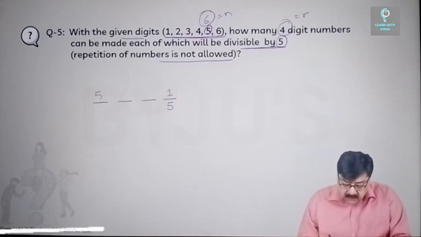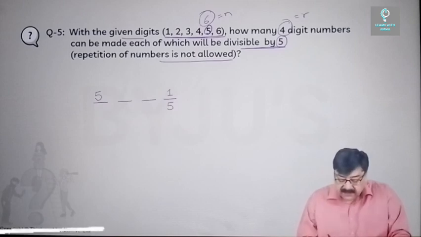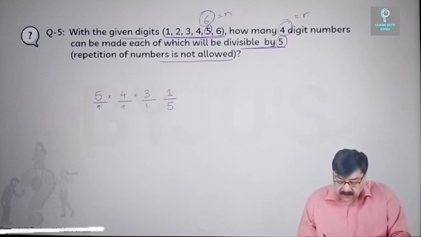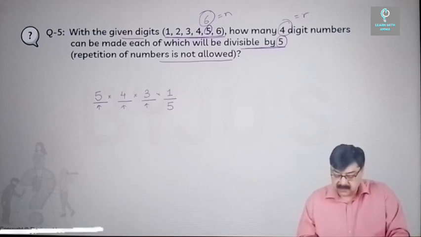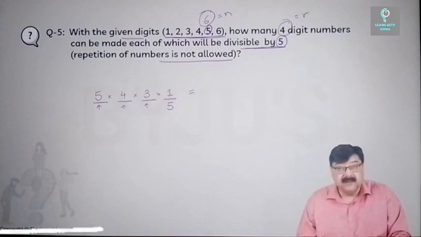So any out of those 5 digits will appear in the thousands place. Now any of the remaining 4 will occupy the hundreds place. Any out of the remaining 3 will occupy the tens place. So the number of such 4-digit numbers that can be formed, which are divisible by 5, will be 5 into 4, that is 20, into 3.